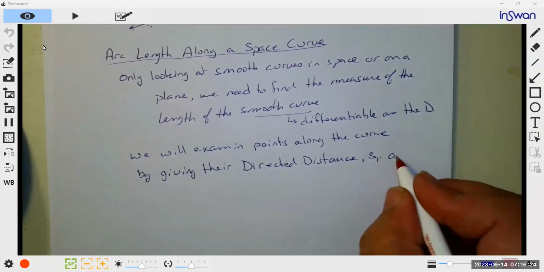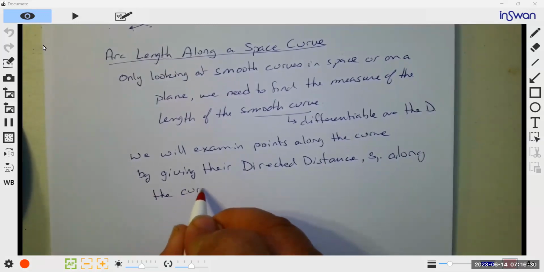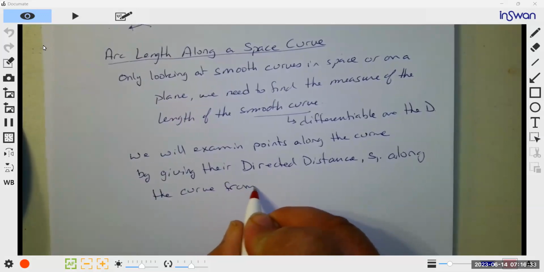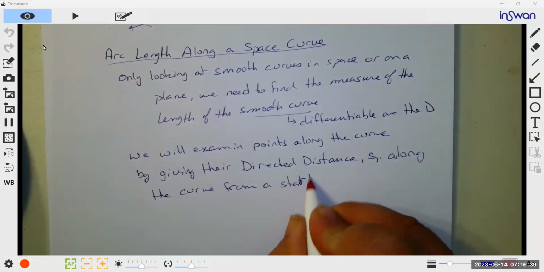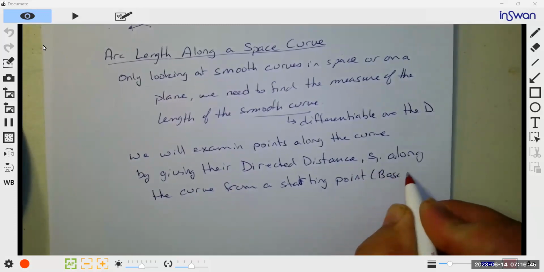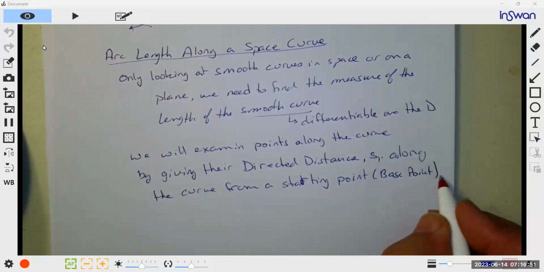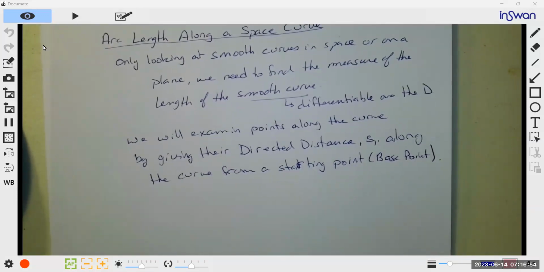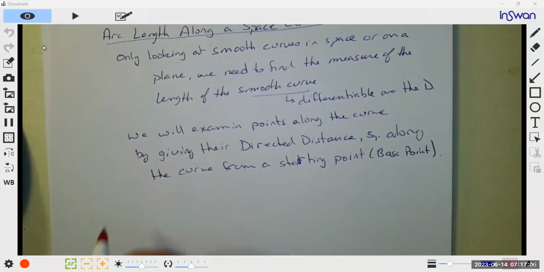It has to be along the curve, from a starting point, or let's call it the base point. We actually did this earlier in the last section where we talked about the curves and planes. So let's define this.